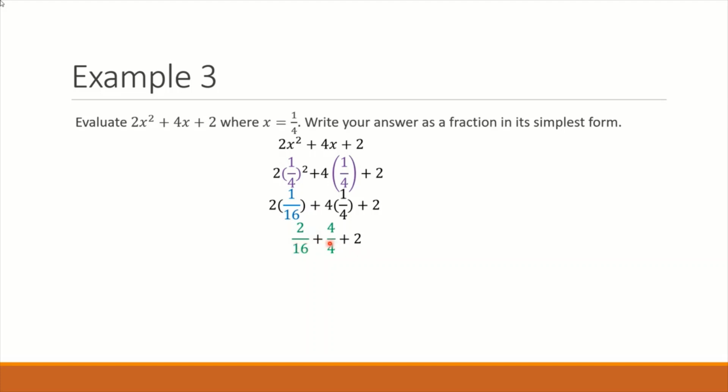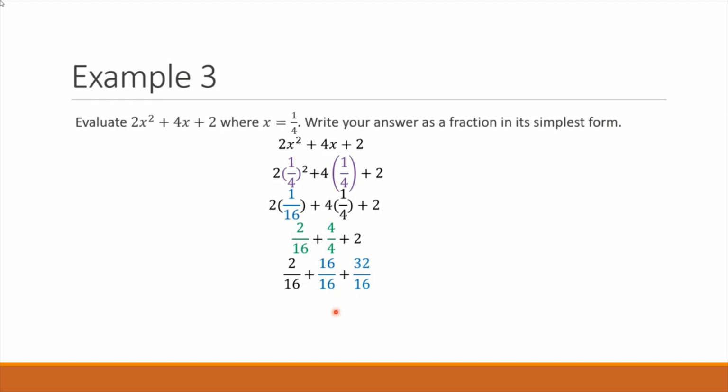which means I have to make the denominator 16, because I need a common denominator to add these together. So 2 over 16, and for 4 over 4, you multiply the top and the bottom by 4, you get 16 over 16. And with this 2, you multiply the top and the bottom by 16. You get 32 over 16.